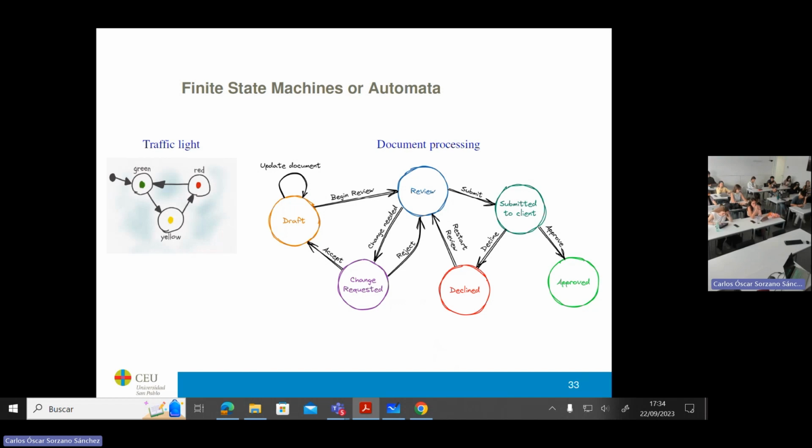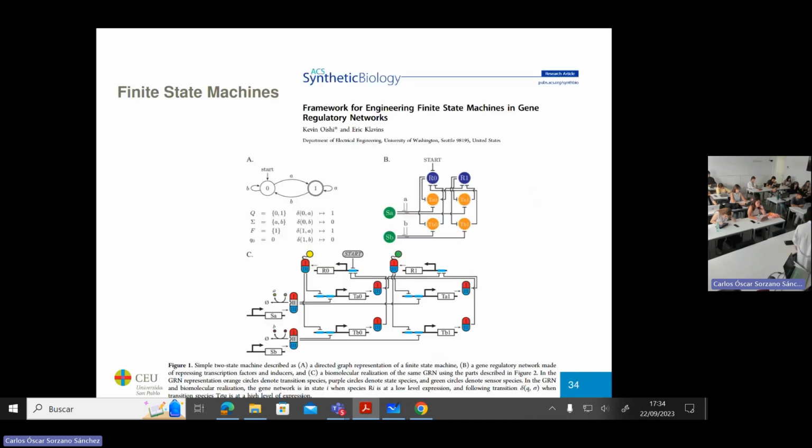Then this person may tell me, okay, you need to change something, so there is another change of state, because I have to modify the draft and so on. So this kind of state model is very useful in many different kinds of processes.